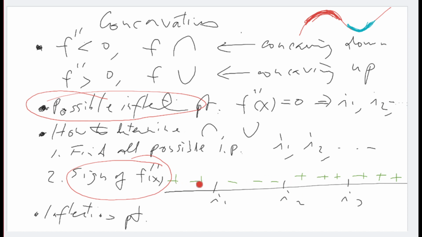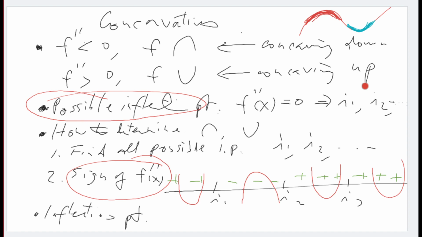We create the sign chart just like how we create the sign chart for the first derivative. Say it's positive here, negative here, positive here, positive here. This is just a hypothetical sign chart. If that's the case, then when the second derivative is positive, the graph will concave up here, concave down here, up here, and up here. That's how we determine intervals of concaving structure.